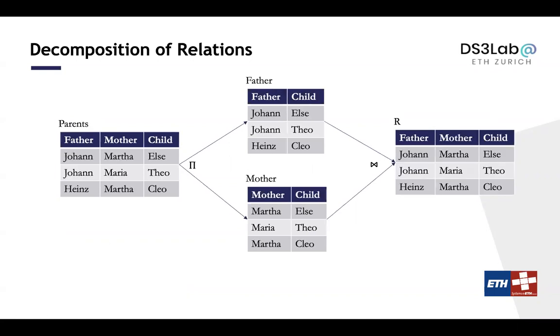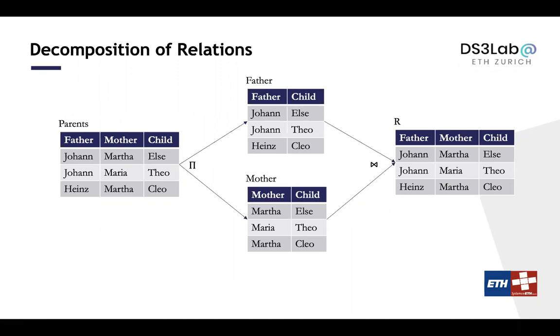And this is another example about decomposition. Assuming I have a relation parent that contains three attributes: father, mother, and child. Then I decompose it into two relations, father and mother. The father relation will contain father and child, and the mother relation will contain mother and child. Will this decomposition be lossless?